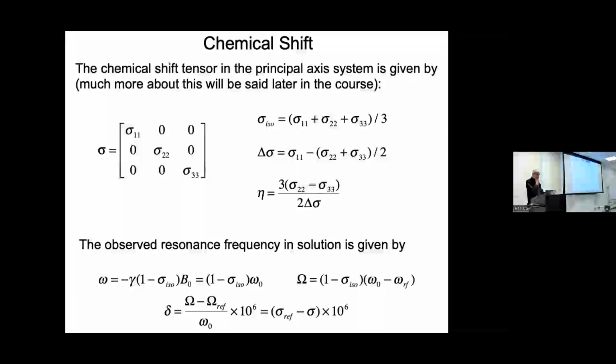And what this means for us in solution is the real frequency isn't the Larmor frequency, what I've called omega naught. It's the Larmor frequency shifted a little bit by the isotropic shift. So that's shown here.